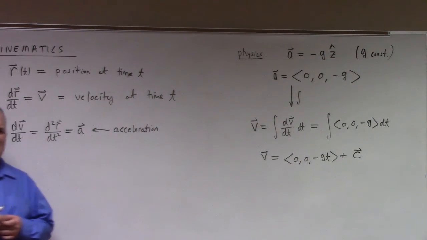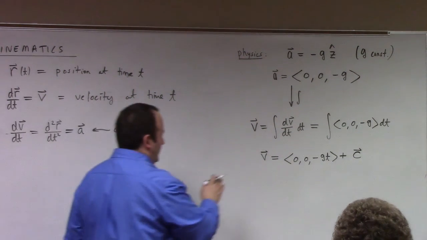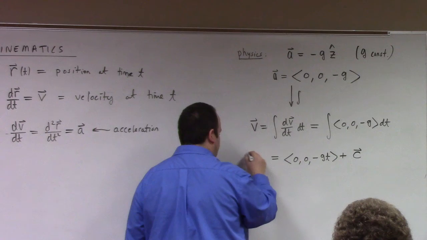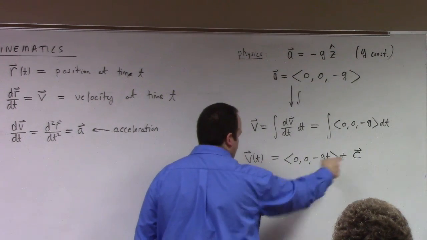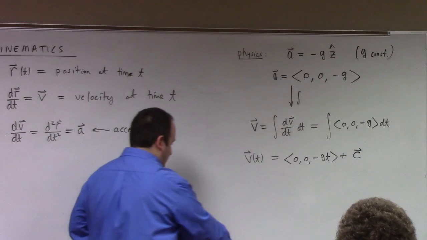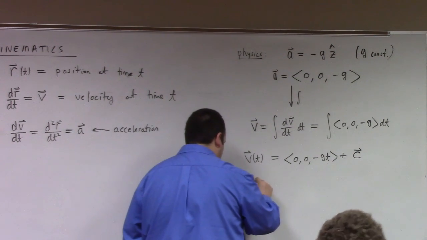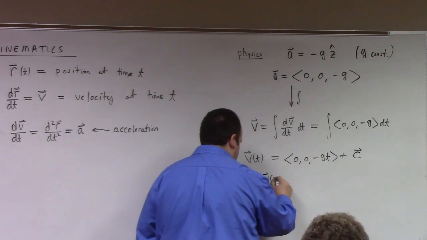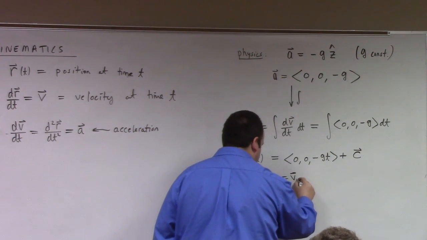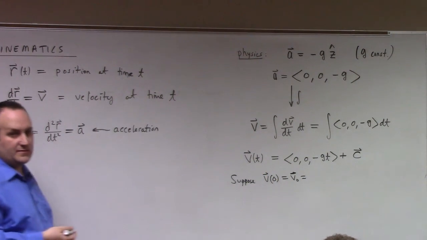But that constant vector is more fun if we give it a more specific physical meaning, right? So this is velocity at time t. What is the significance of that constant vector? What if we plug in time 0? Suppose that the velocity at time 0 is v sub naught, a given but fixed initial velocity vector.